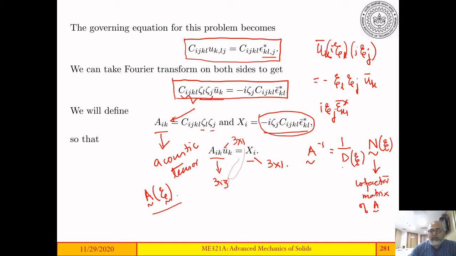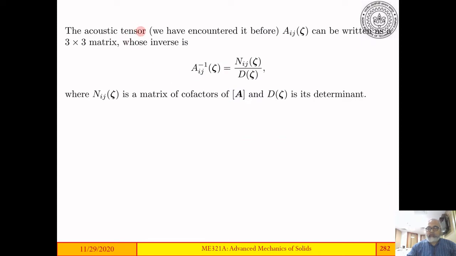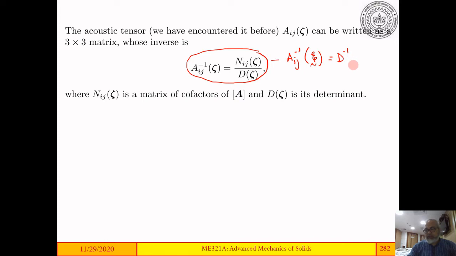So let us do the inversion in this way. And so we have this as the inverse. So aij inverse is itself a function of zeta, which is given by d inverse, which is the determinant function of zeta again, times this cofactor matrix nij, which is also a function of zeta. I hope you know how to form the cofactor matrix when you invert a 3 cross 3 matrix.